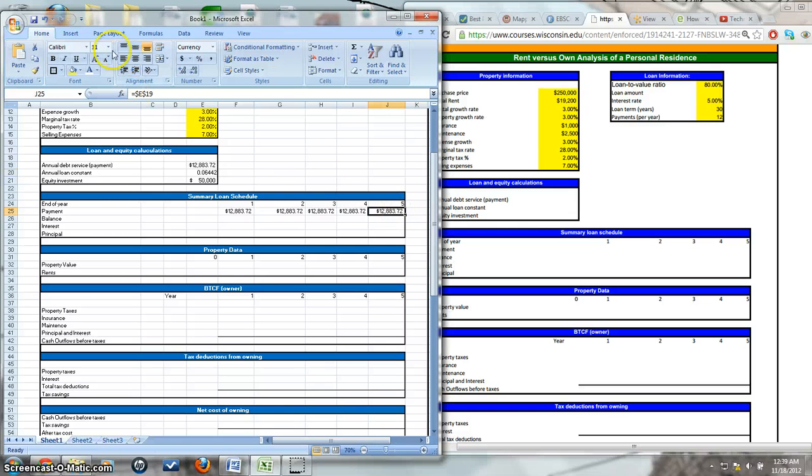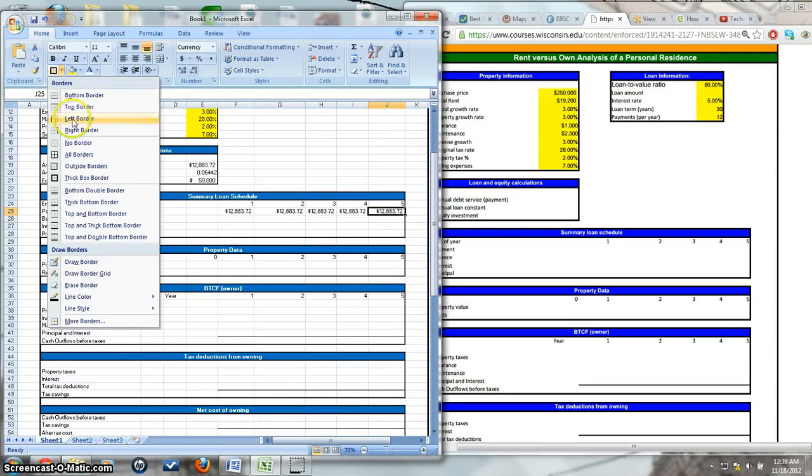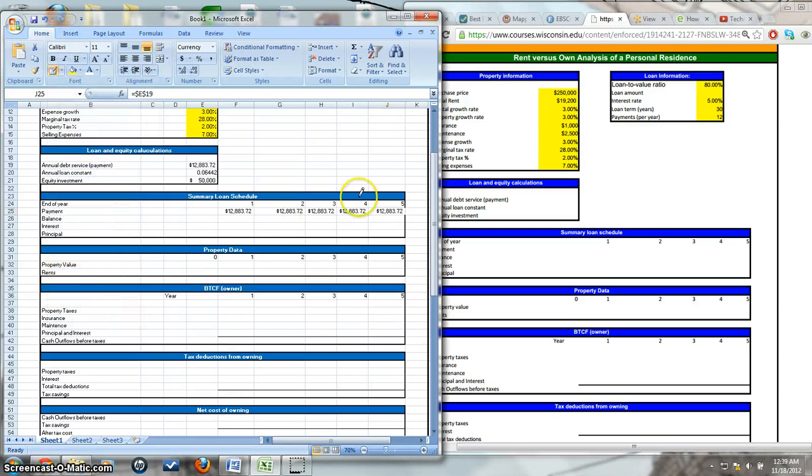I take that back. Actually, it did break that border. But no big deal. Draw a border in. Bam. And let's make that a little bit thicker. You know what?